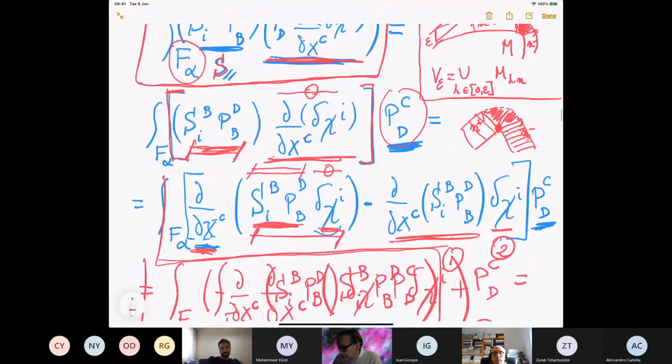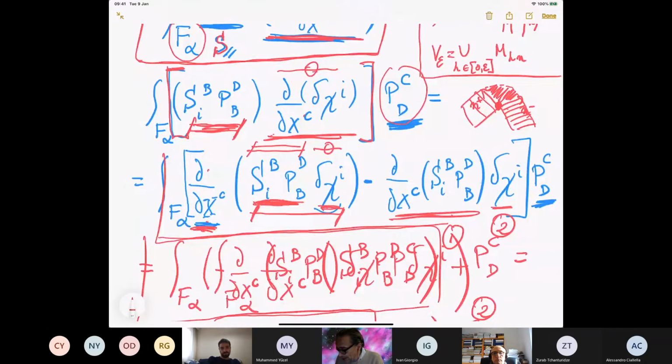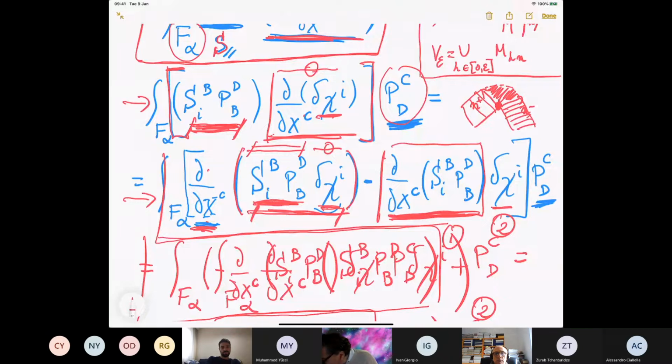And then what we do? d over dX_C of the product of this term times this term is equal, by the Leibniz rule, to the derivative of delta_ki times S parallel not derived, plus the derivative of S parallel here times delta_ki not derived. So this is equal to that. This is the standard stuff, and you have this P_CD.